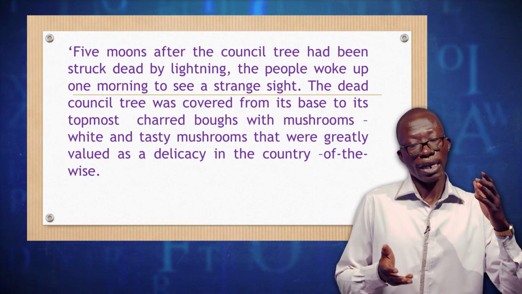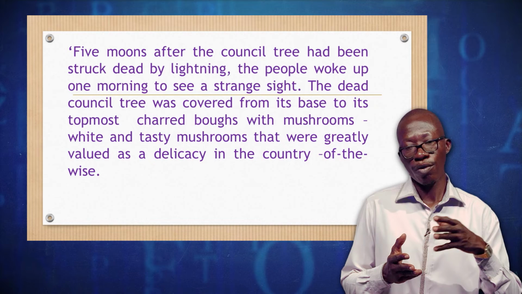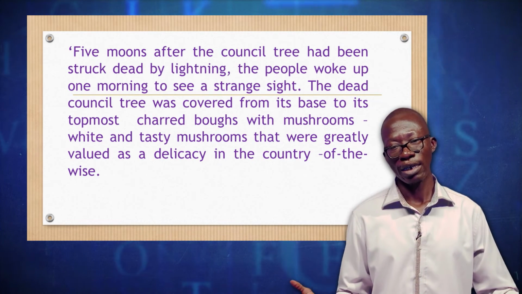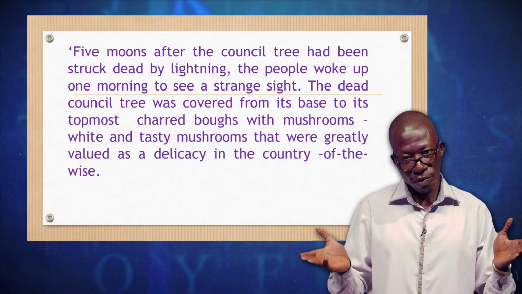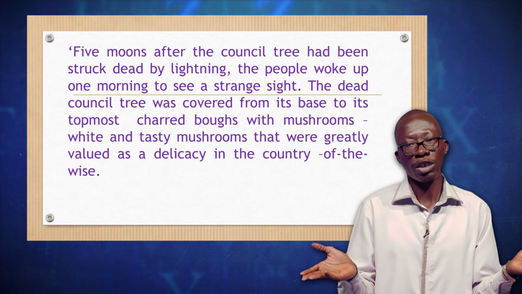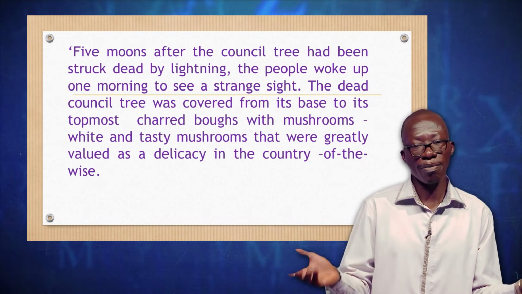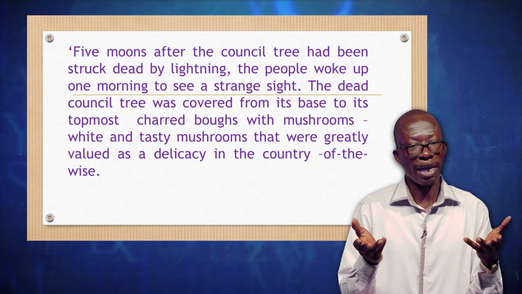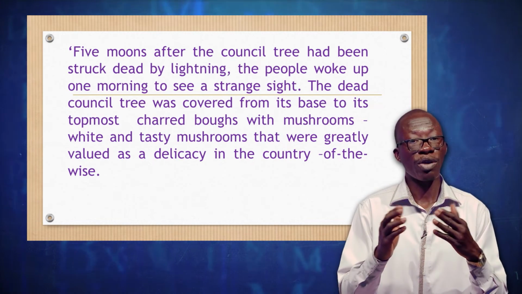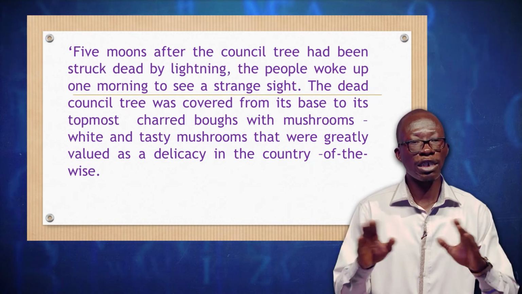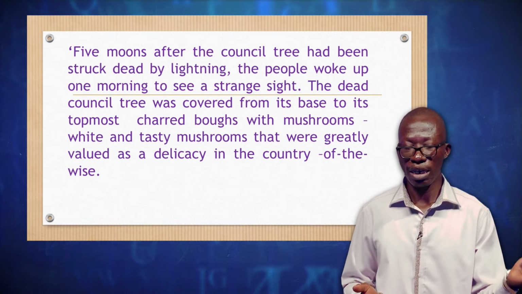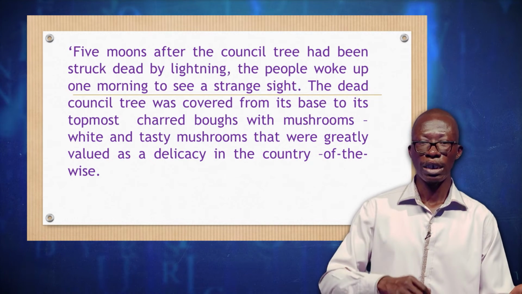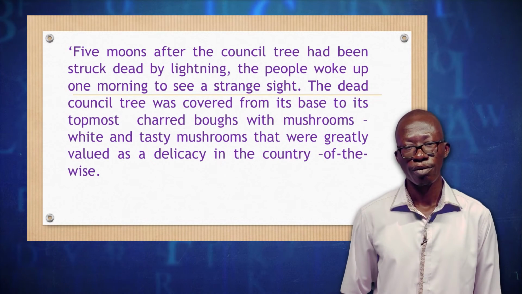The conjunction joining these two clauses, the dependent clause and the independent clause, is what you have there as a subordinator. It is a subordinator that joins an independent clause and a dependent clause, or a main clause and a subordinate clause.